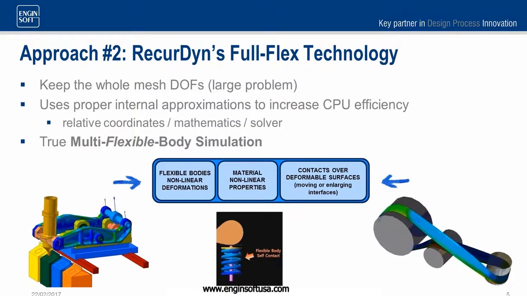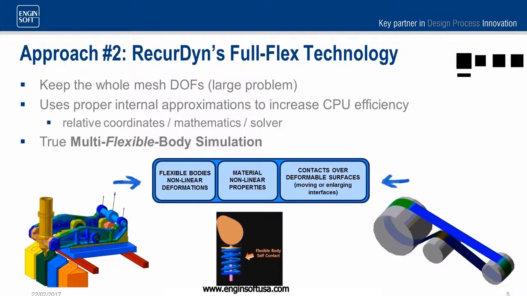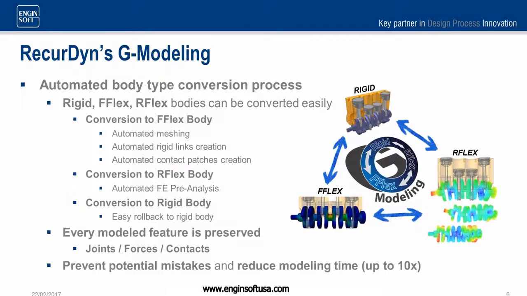Moreover, in the last release of RecurDyn, the V8 R5, RecurDyn has introduced a useful tool that helps a lot in managing the different representations of a body. This tool is the G-modeling.